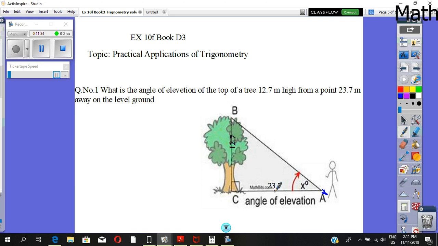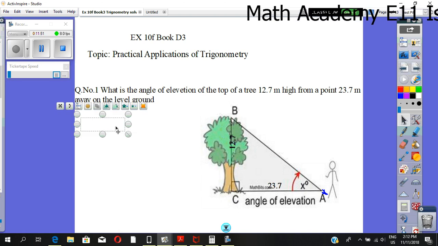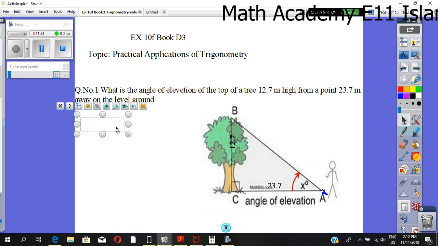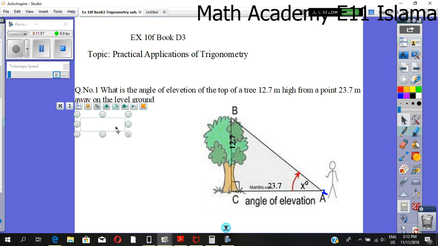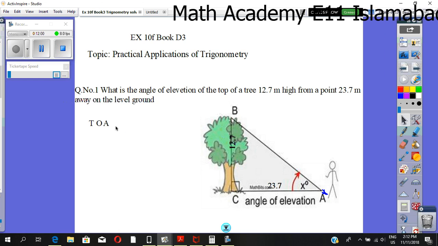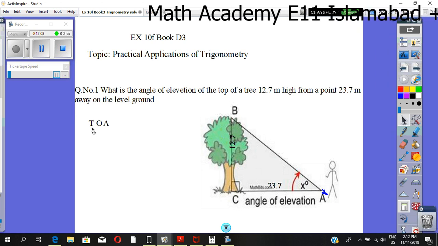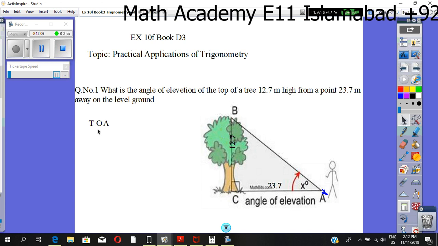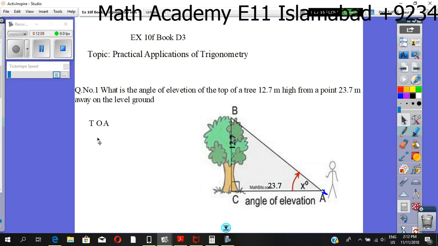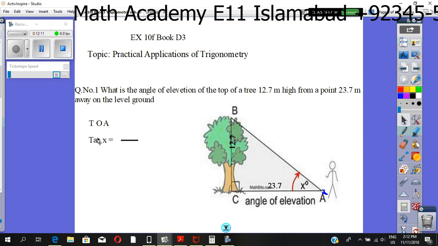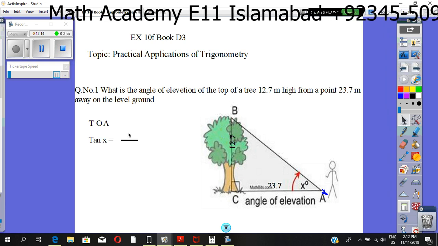We're supposed to find the angle of elevation, this angle x, and identify the sides, opposite and adjacent. Recognizing opposite and adjacent, we use tan theta, which is opposite over adjacent. So tan x.